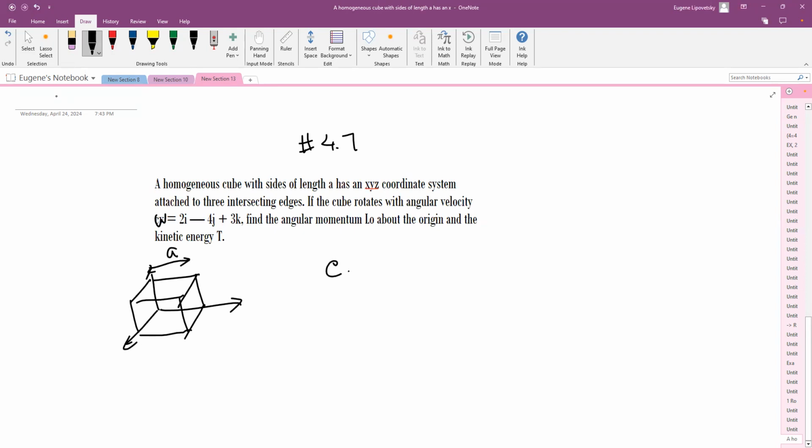And we can see the center of mass will have coordinates of A over 2, all three, right? Center of mass coordinates of x equals A over 2, y equals A over 2, and z equals A over 2. You agree with that?